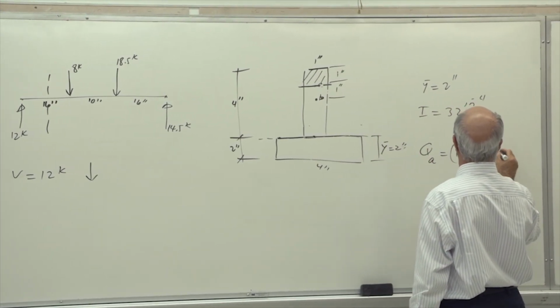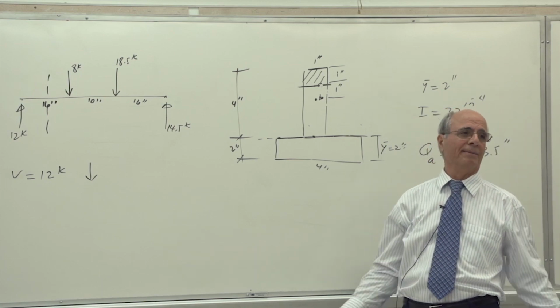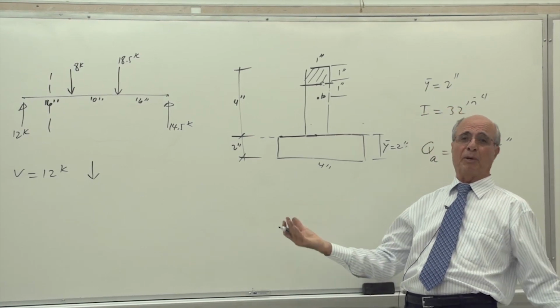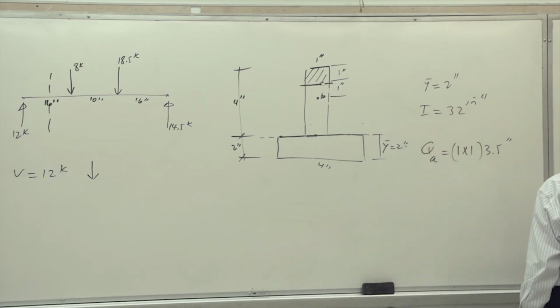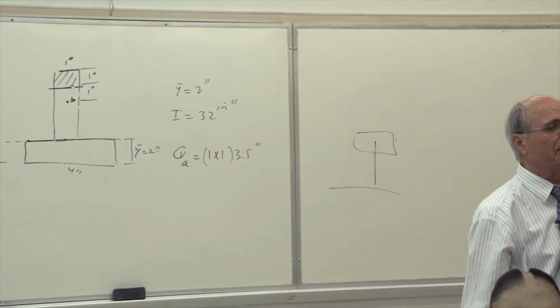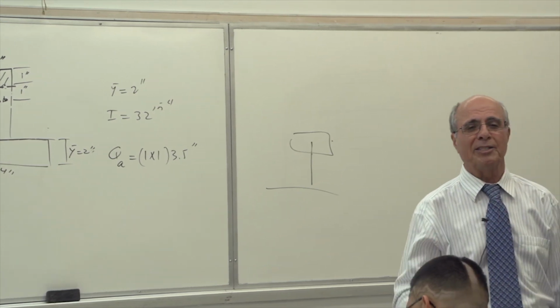Times 3.5, correct? Many of you are quiet. You do it all the time for Y bar. Now I do it here, everybody panics. When you do this for Y bar, you say this times that, multiplied by that. Is that correct? That's the same Q, guys. A times Y. Is that correct or not?